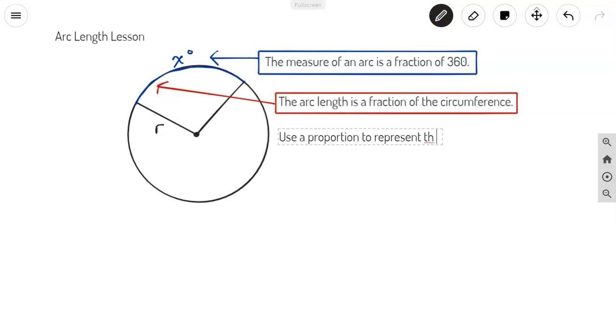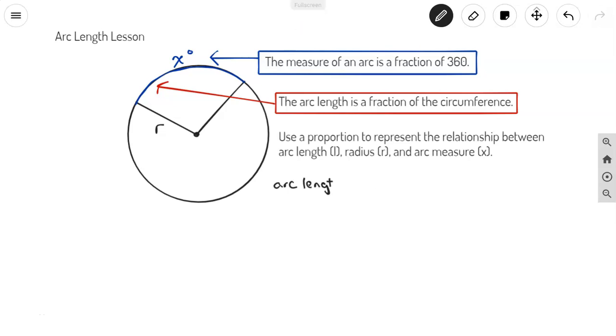So because these essentially mean the same, we can set up two fractions: the measure of the arc over 360 and the arc length over the circumference. We're going to use L to represent the arc length, R to represent radius, and X to represent measure.